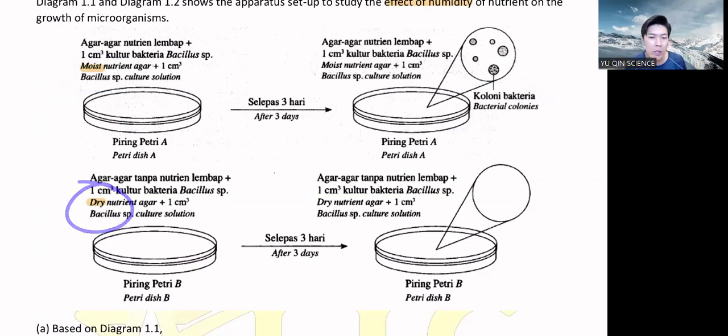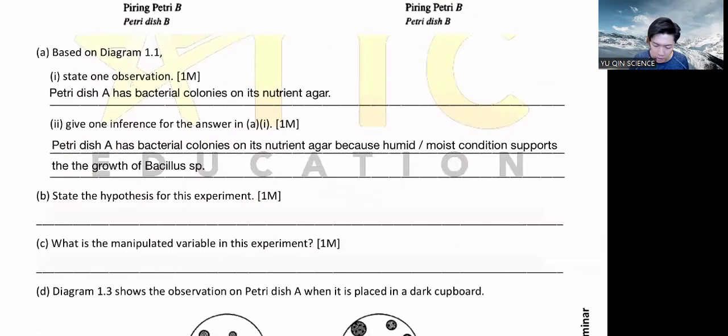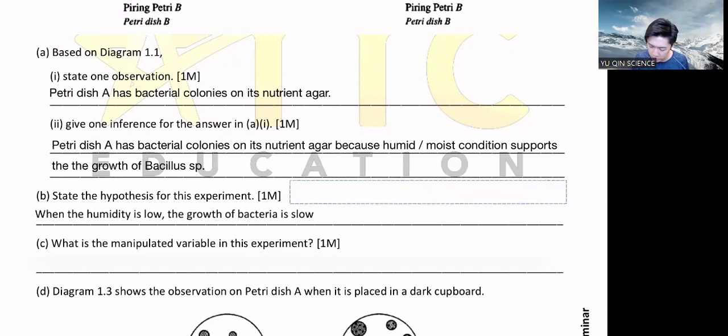When the condition is dry, bacteria does not grow or grows slower, something like that. Or I go for the other side also. When humidity is low, the growth of bacteria is slow.